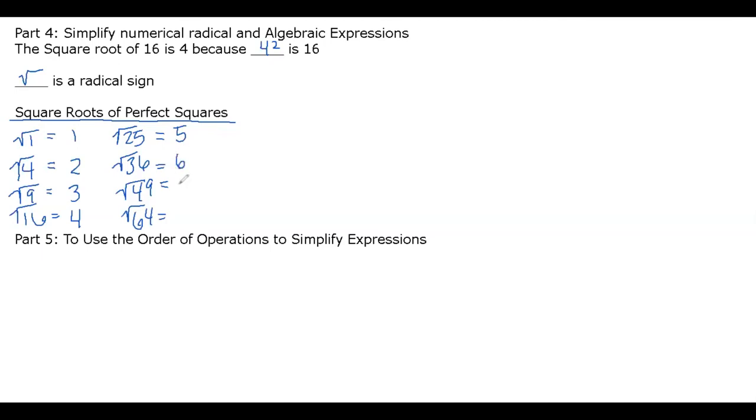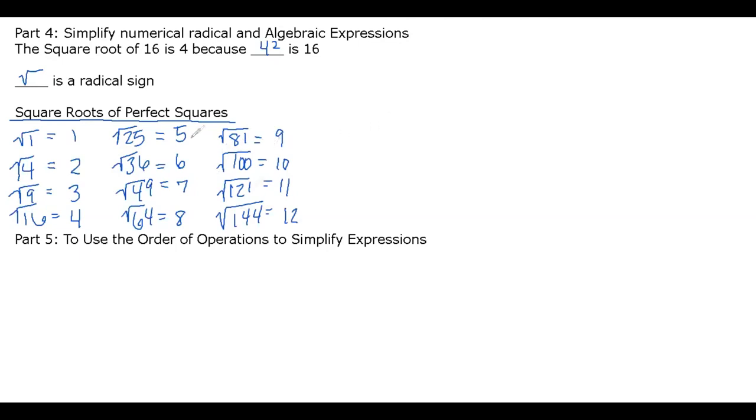The square root of 49 is 7. The square root of 64 is 8. The square root of 81 is 9. The square root of 100 is 10. The square root of 121 is 11. And the square root of 144 is 12.